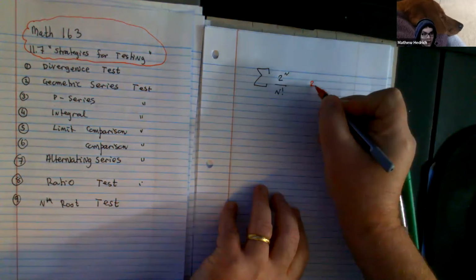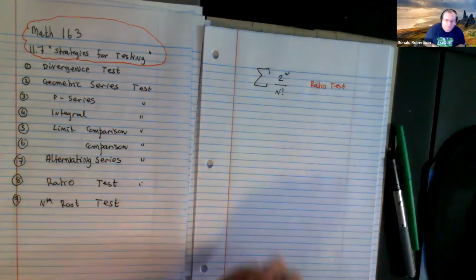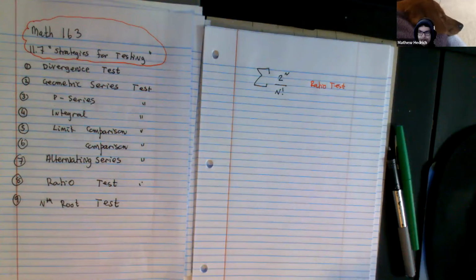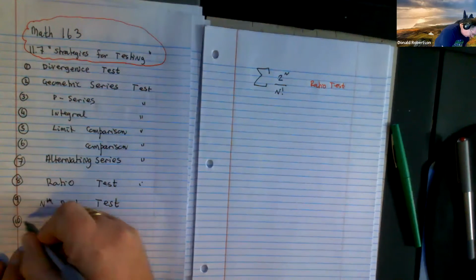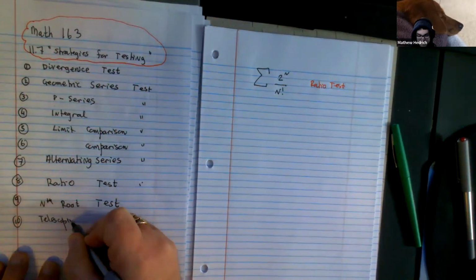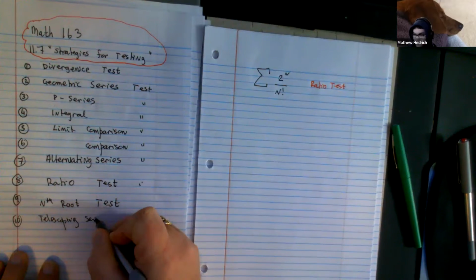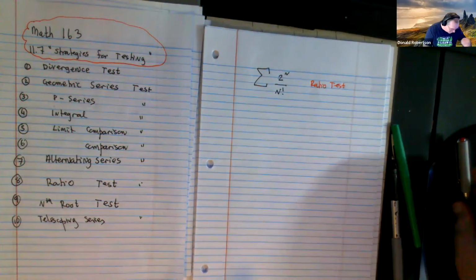Correct. Also, yes, the telescoping series test is technically a test. I missed one. I wrote that down on my little card that I have of all the different tests. It's easy to miss one, isn't it? There's 10. I thought I'd got them all, but not.